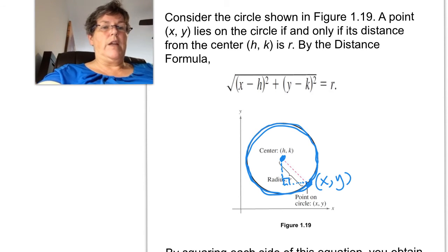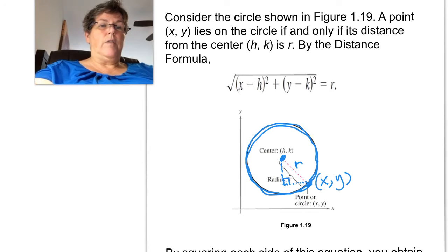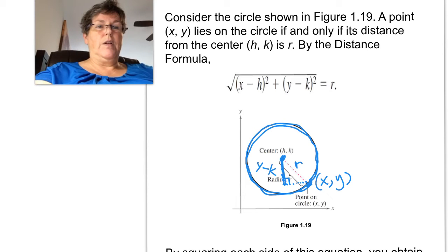If I squished in a right triangle, then this radius r is nothing more than the hypotenuse of a right triangle whose legs would be y minus k, because that's the size of the vertical leg of this triangle. And then the horizontal leg is x take away h.